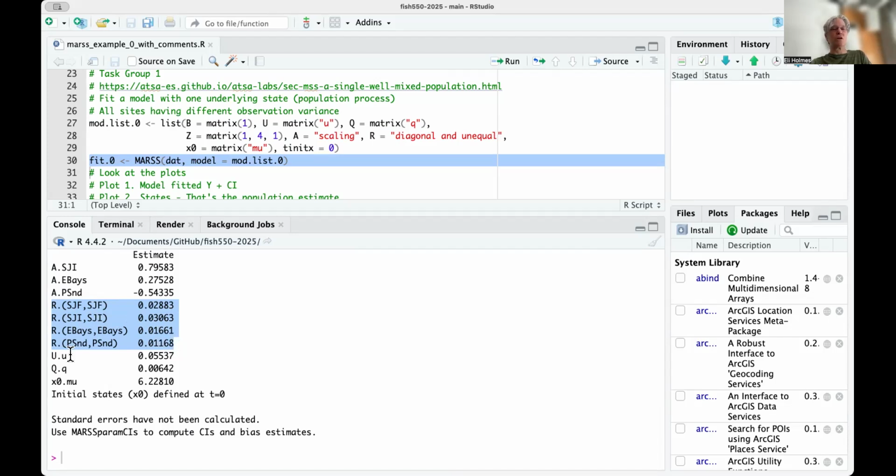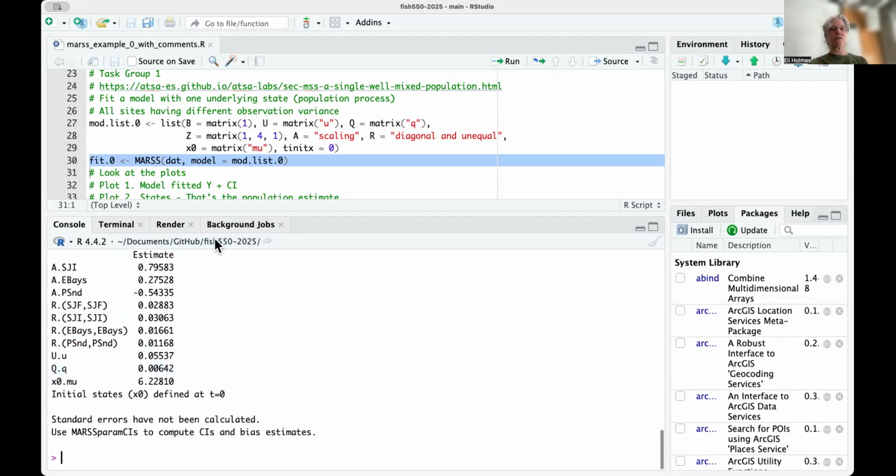That's kind of interesting. And then here's our U, the trend increasing. As I said, these are data as the population is recovering once the Marine Mammal Protection Act is put in. This is our process variance. It's really small. This is pretty typical for vertebrates, that it's going to be something small like that.